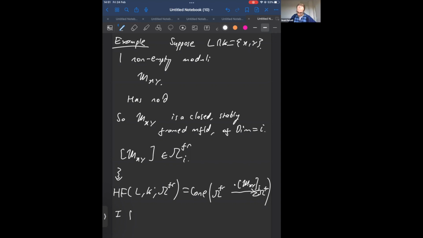And it turns out that if the dimension of this moduli space is n-1, then the homology of this thing over Z is going to be isomorphic to the homology of a sphere. So remember that the case we wanted to study was when the homology of these two Lagrangians is the homology of a sphere. And so here we've come up with some example that could reproduce that.